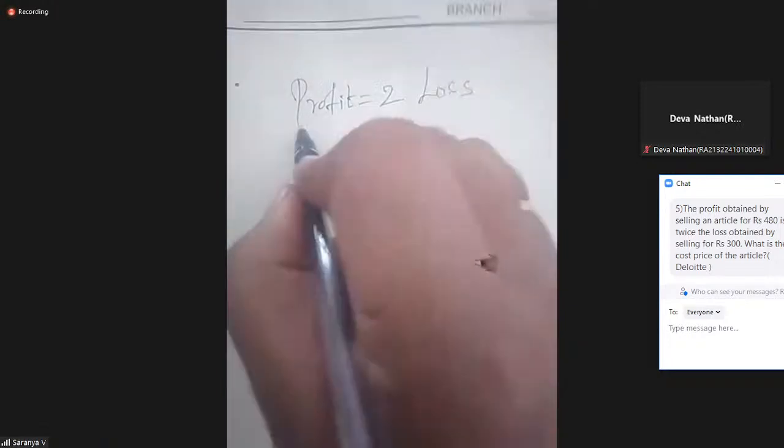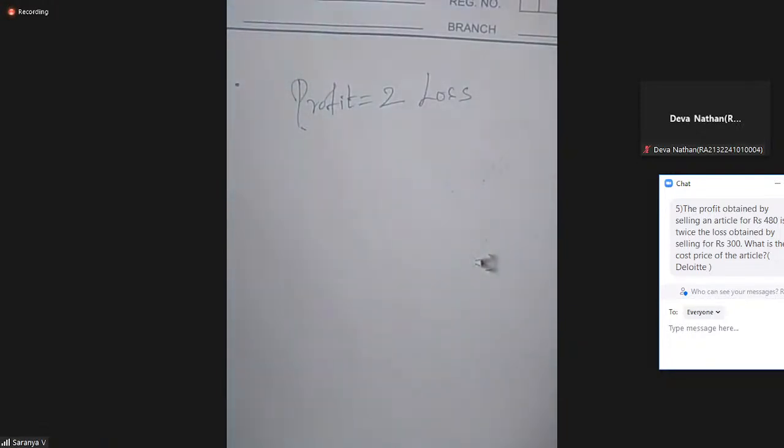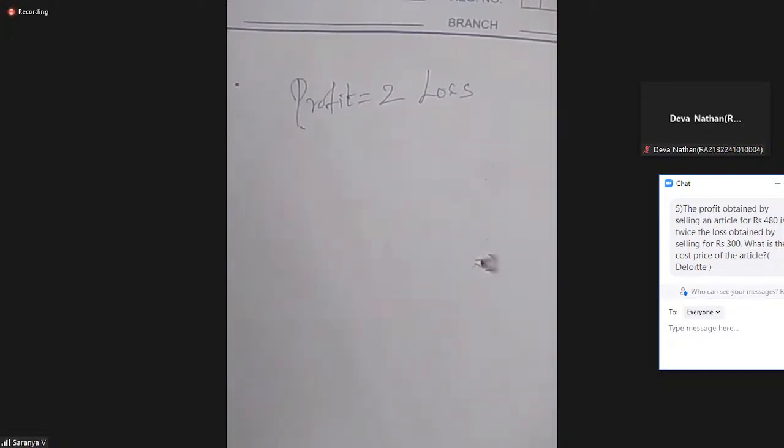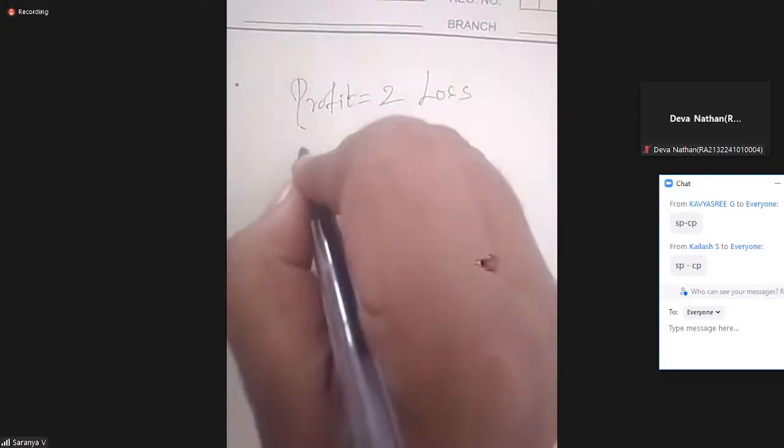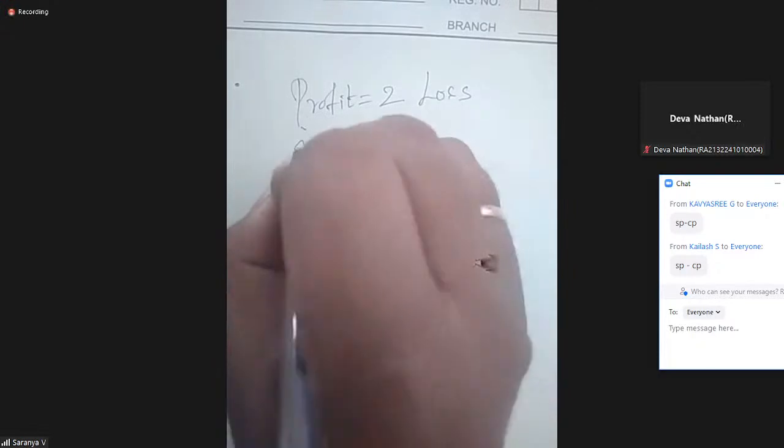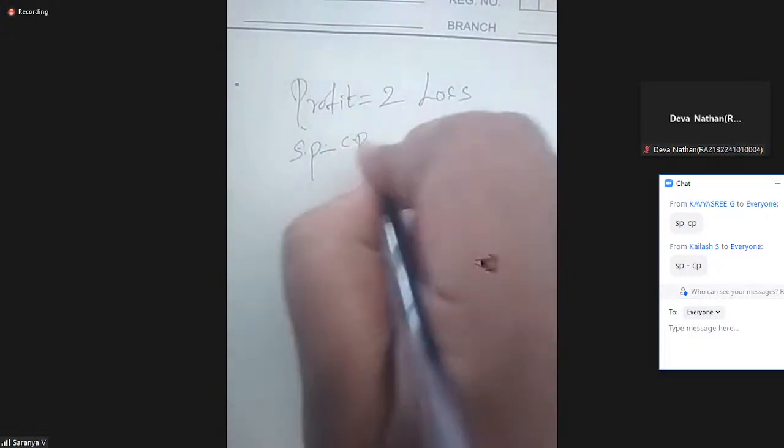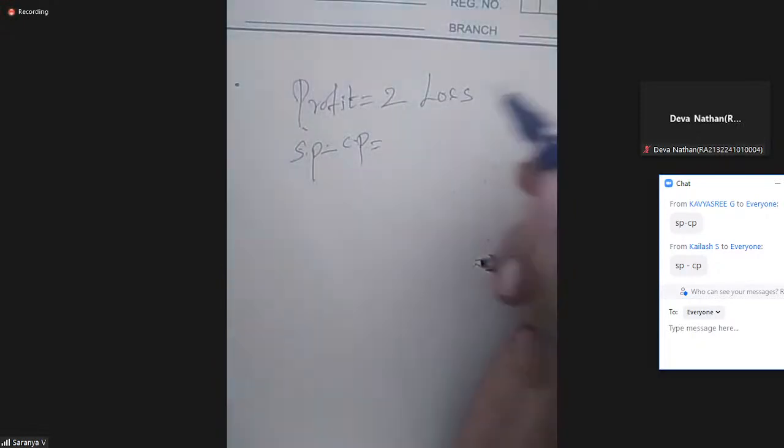So we know the profit is selling price minus cost price, or cost price minus selling price. What is profit? Selling price minus cost price. Always the selling price will be the bigger one compared with the cost price in the profit case.